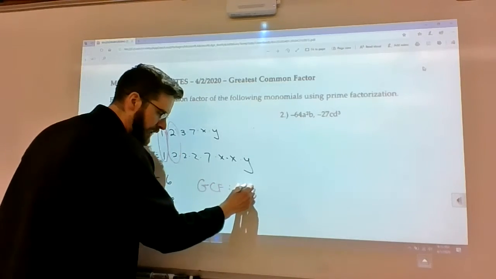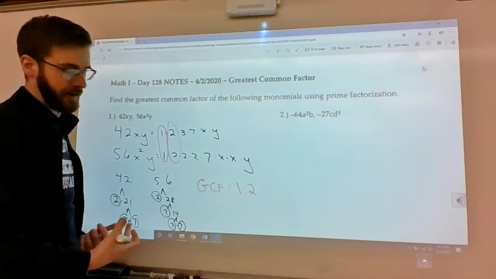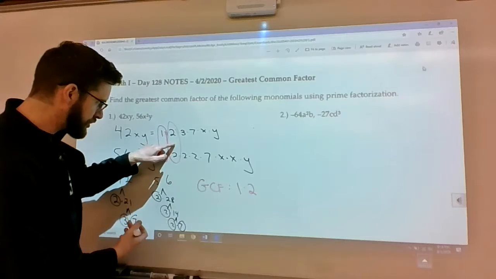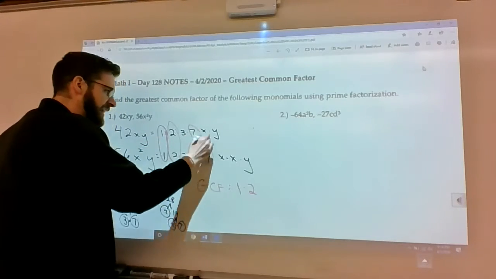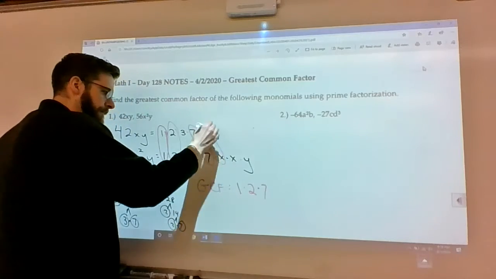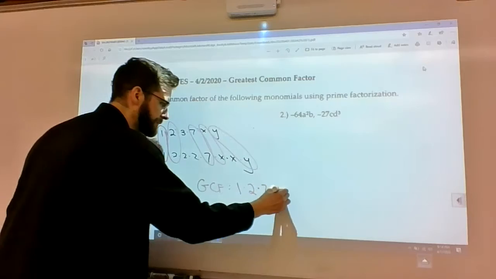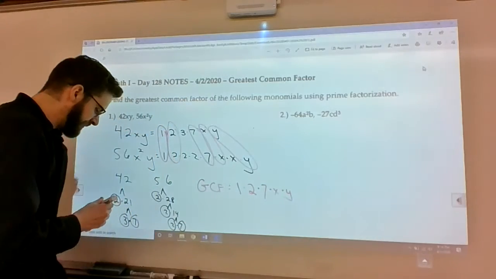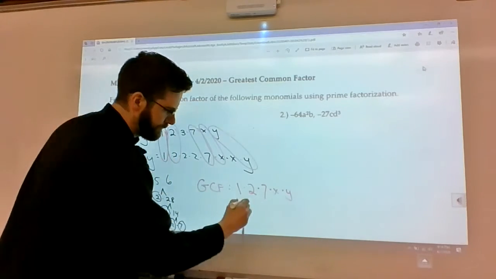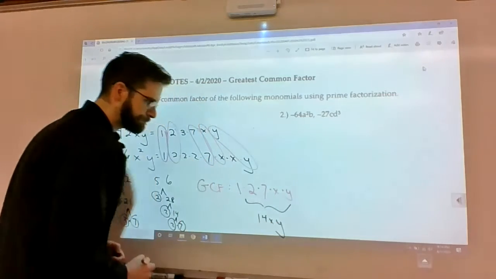So I'm multiplying as we move along with the greatest common factor. So 1 times 2 times 7, they share an x, they share a y. So your greatest common factor is 14xy.